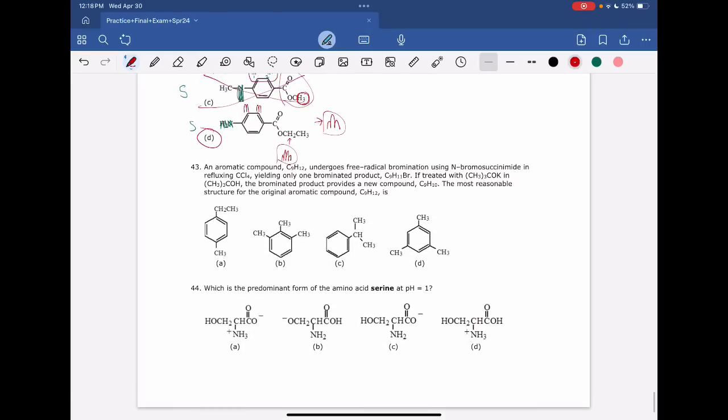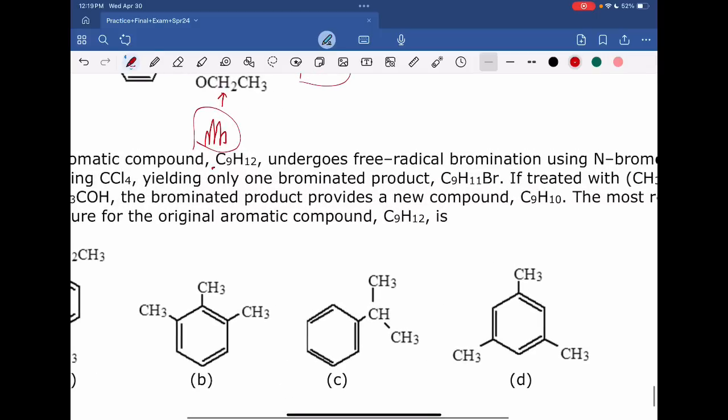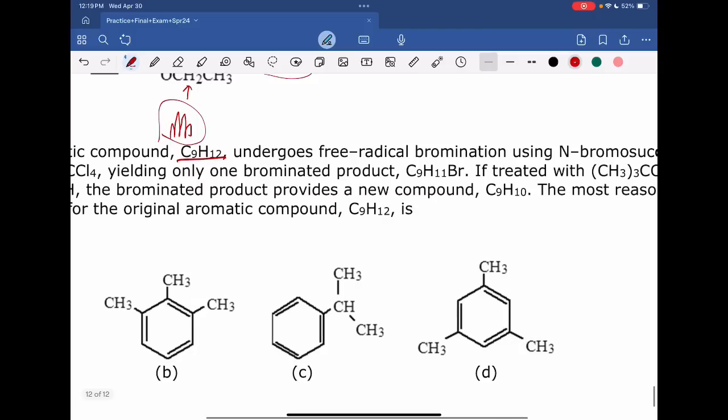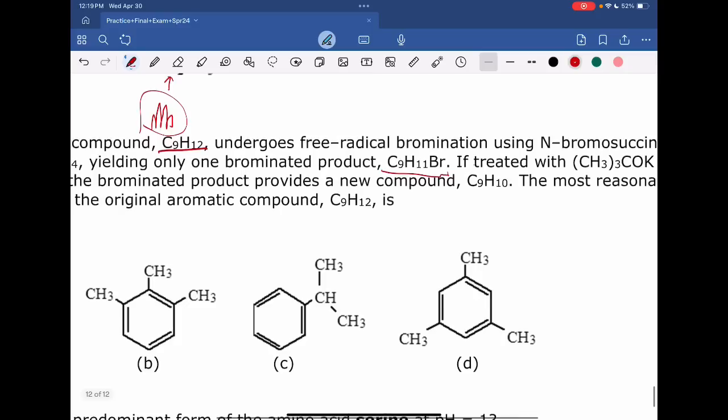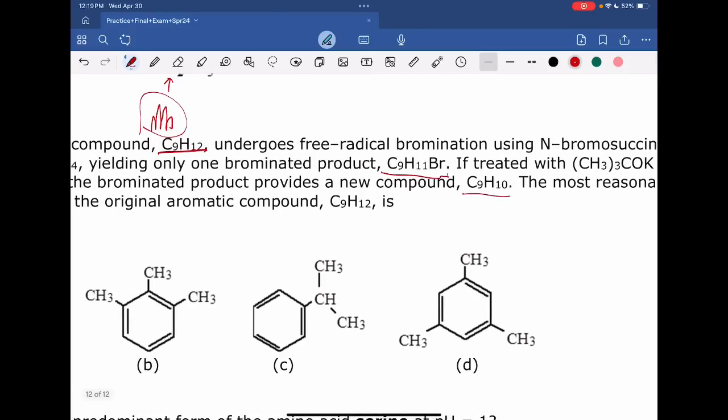Okay, last 2 questions. An aromatic compound undergoes free radical bromination. You're trying to know what's the original compound. You went from C9H12 to C9H11Br, so you brominated, and then you went from that to C9H10.